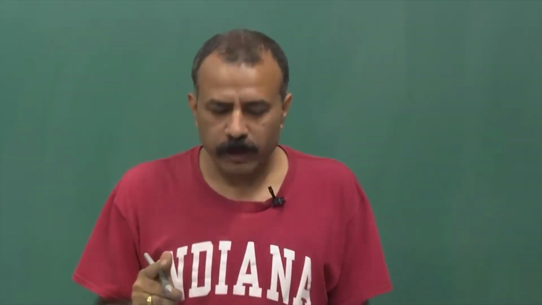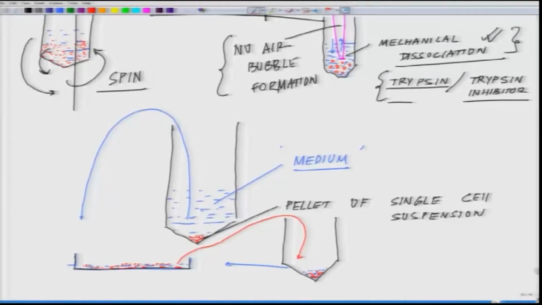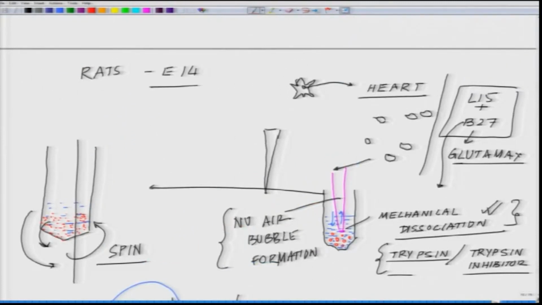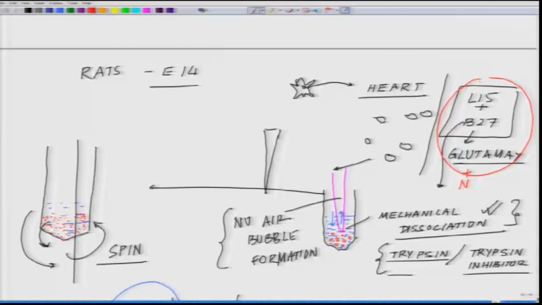Once you put it back in the test tube, now you will be needing the medium where you are going to resuspend it to grow. So, one of the easiest media I have developed over the years is you take for this E14 glutamax plus, if you want to use a carbon dioxide incubator to grow them, then you add sodium bicarbonate.